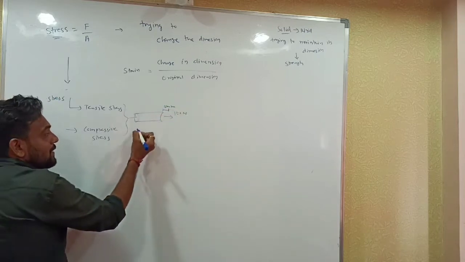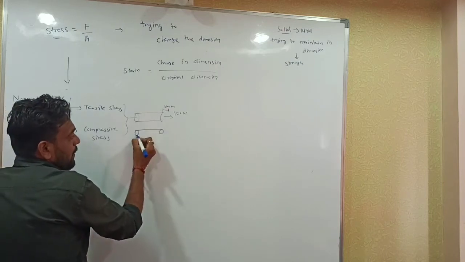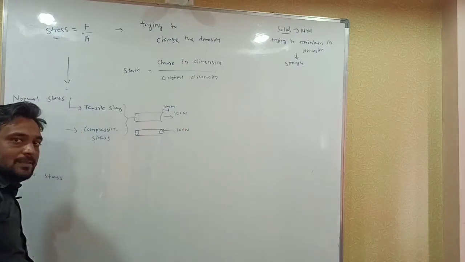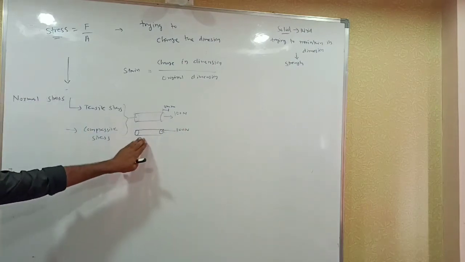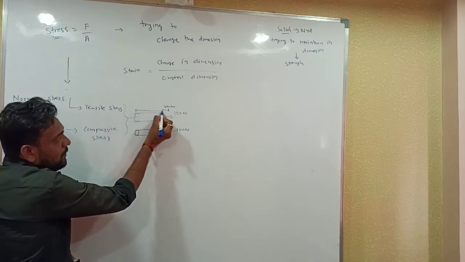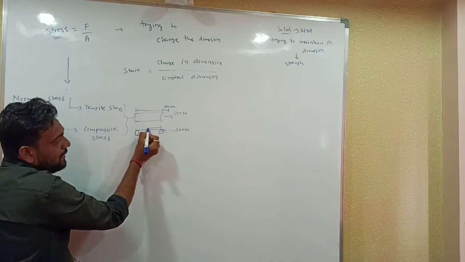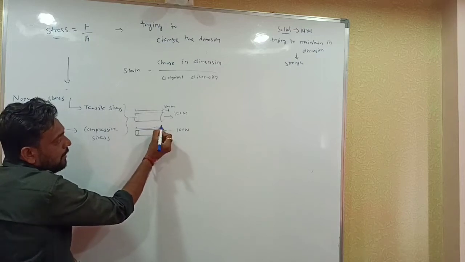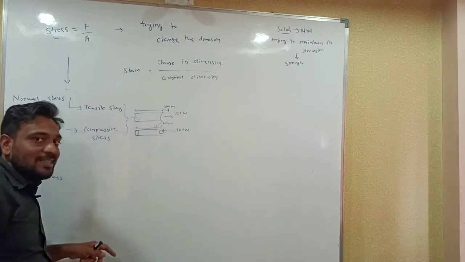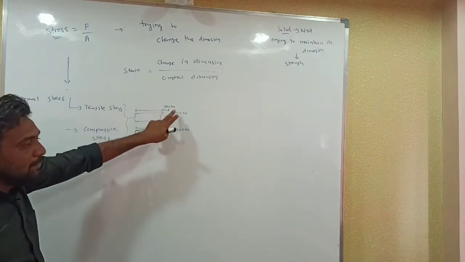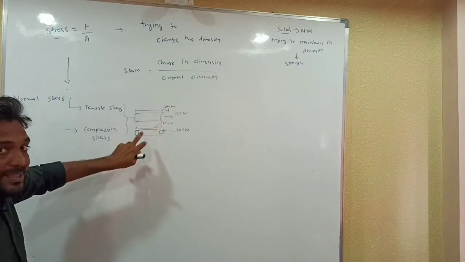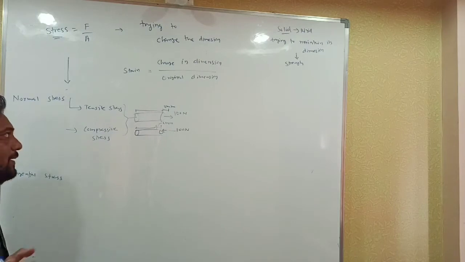Practically, suppose I apply a 100 Newton force like this, compressive in nature. Then this is the original length, and this length is reduced by 2 mm. So here 2 mm increase, here 2 mm decrease, but the quantity of change in dimension will remain the same.